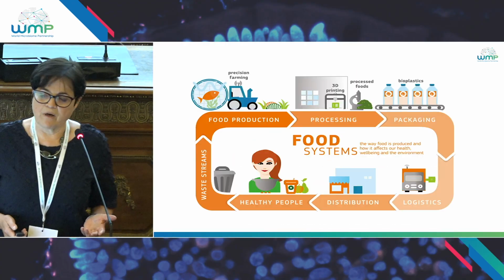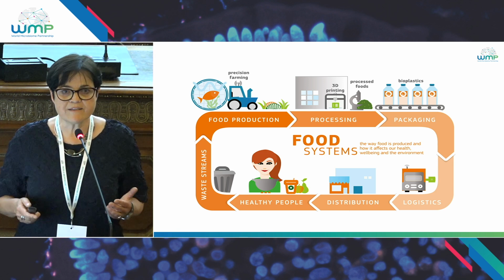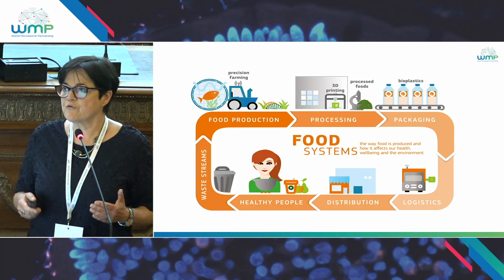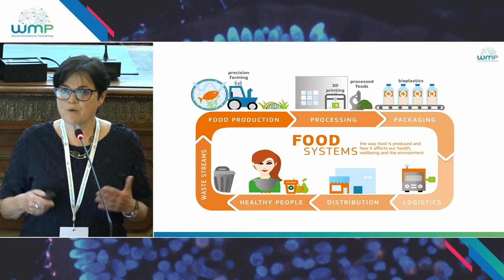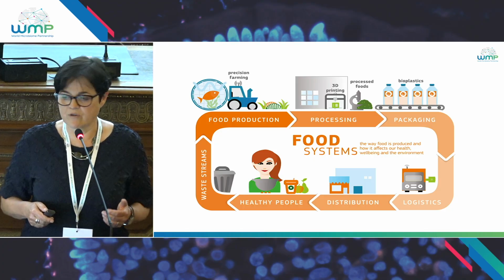Let's talk first about what the agri-food system is. First of all, it comprises primary production, so the production of food ingredients, and of course animal, soil, plant and water microbiomes play a very important role here.